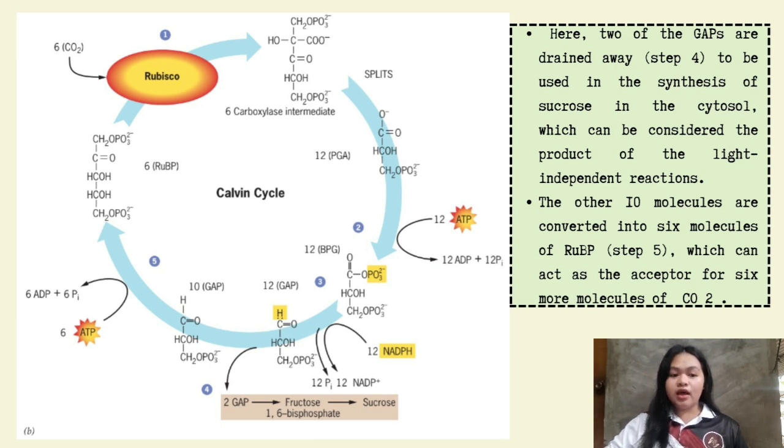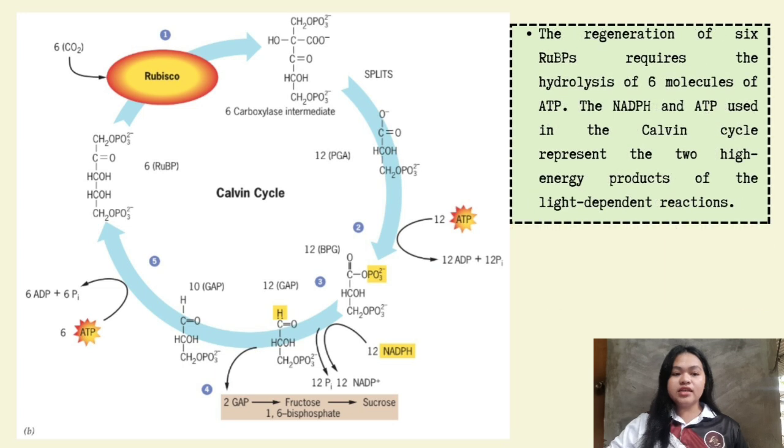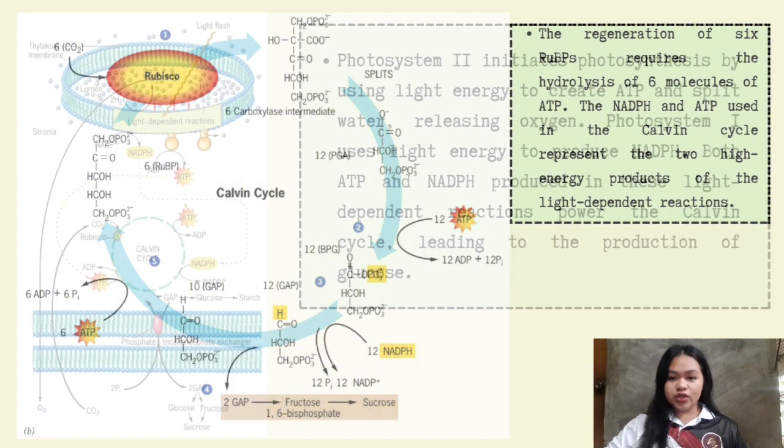The other 10 molecules are converted into 6 molecules of RuBP, which is makikita natin under the step 5, which can act as the acceptor for 6 more molecules of carbon dioxide. And then last is the regeneration of 6 RuBPs, which requires the hydrolysis of 6 molecules of ATP. The NADPH and ATP used in the Calvin cycle represent the 2 high-energy products of the light-dependent reactions.